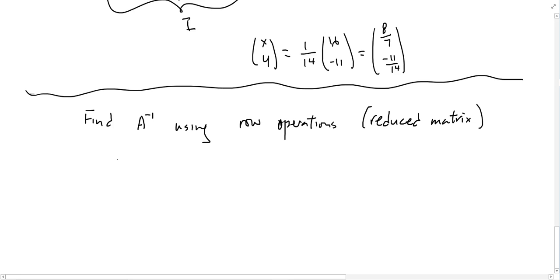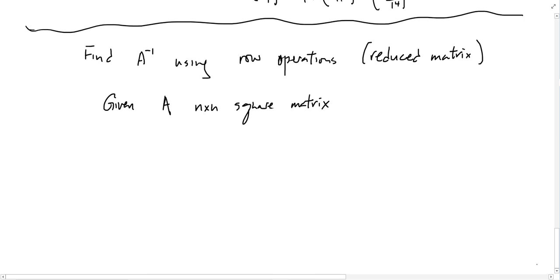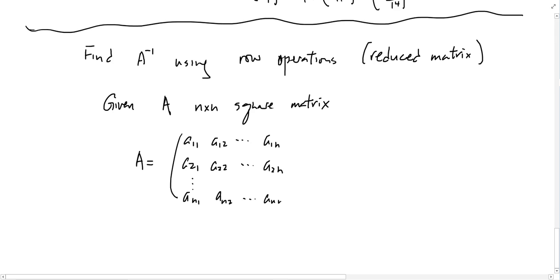So let's say we're given matrix A, which is an n by n square matrix. What we're going to do is put matrix A on one side: A11, A12, dot, dot, dot to A1n, A21, A22, dot, dot, dot to A2n, all the way to AN1, AN2, dot, dot, dot to ANN.